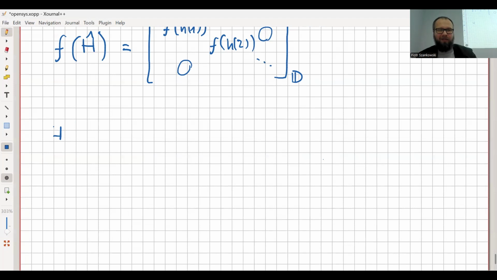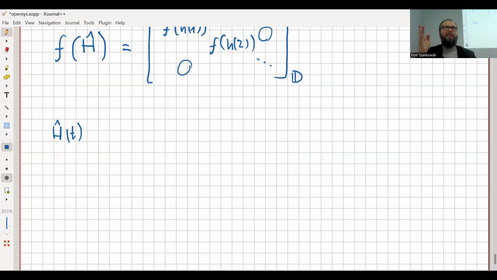So if you have H of t, the method with diagonalization doesn't work, because you cannot find one basis in which the Hamiltonian at each point in time is diagonal.